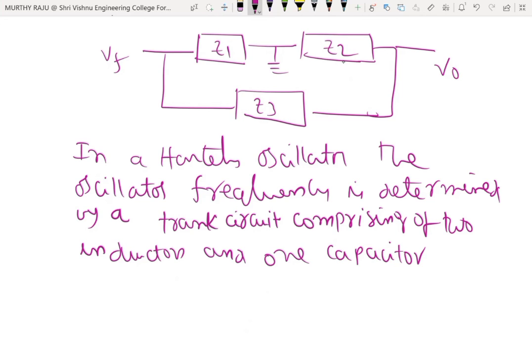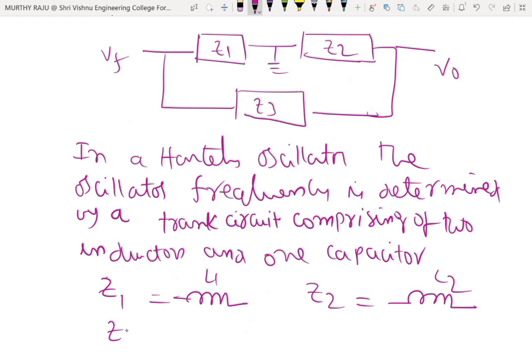That means Z1 and Z2 are inductor elements. Z1 is an inductor, Z2 is also an inductor. This value is L1. Z3 is equal to capacitor, C.